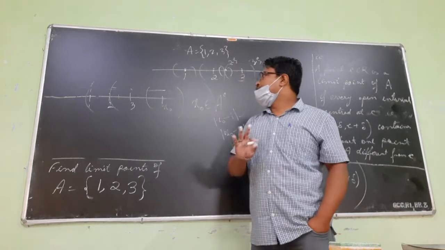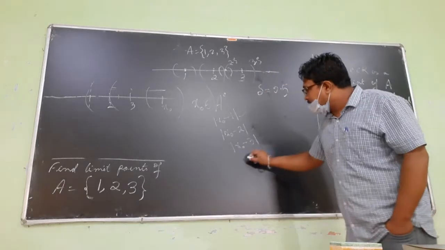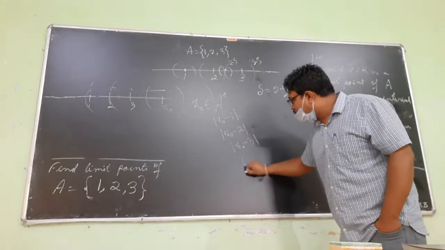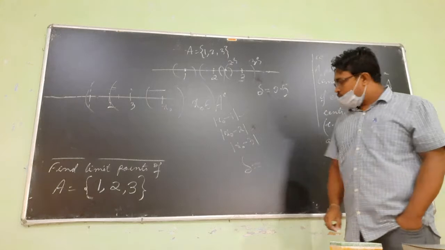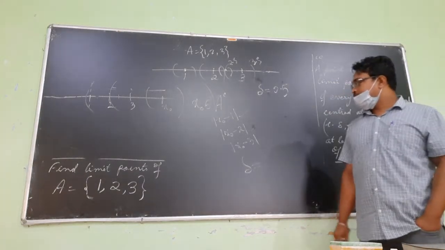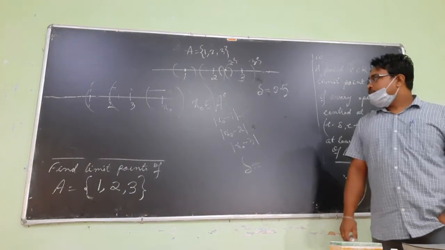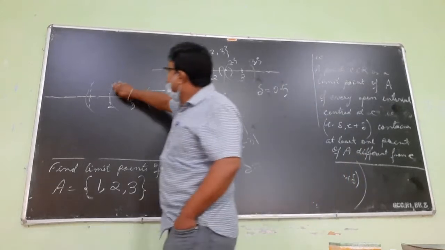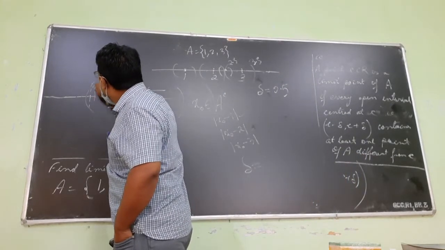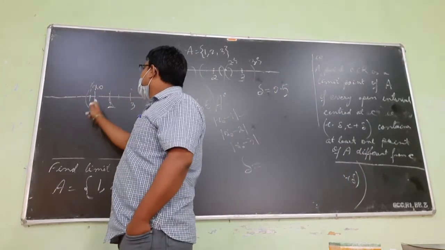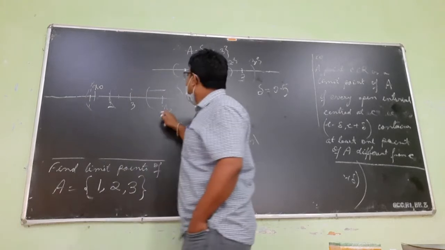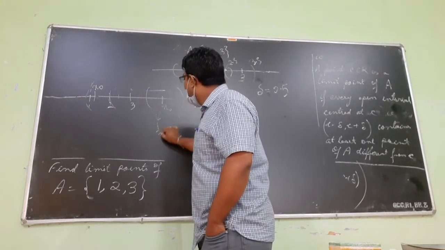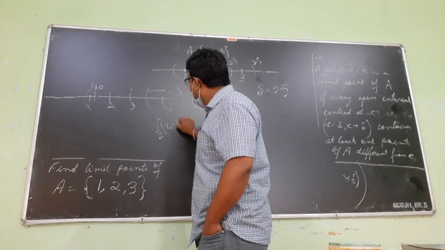So what should I take as delta? Once I know this distance, what should be delta? If the point x0 is somewhere here, what should be delta? Here the delta that I had taken was half of mod of x0 minus 3.